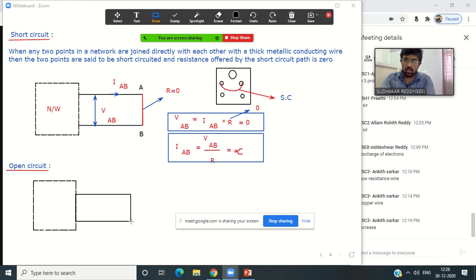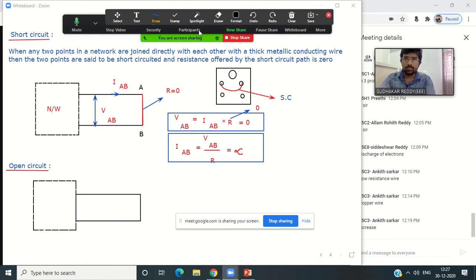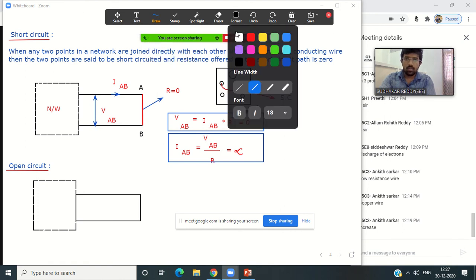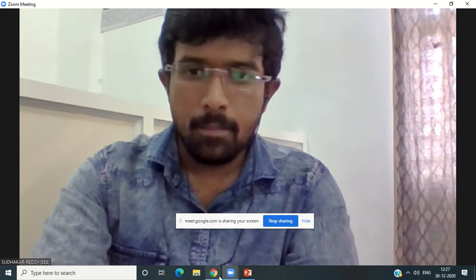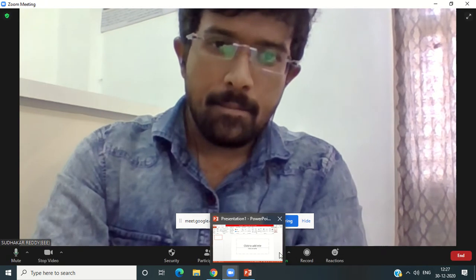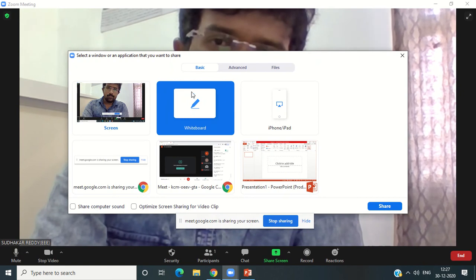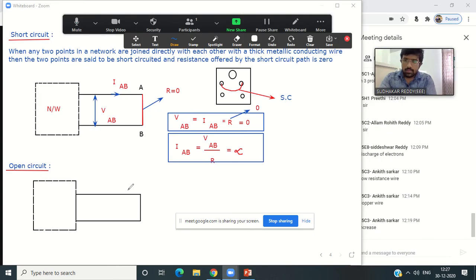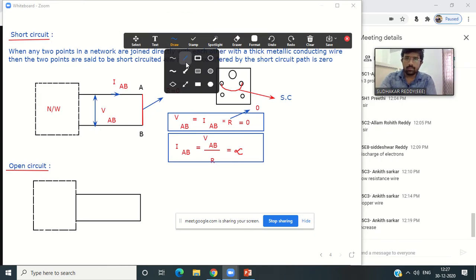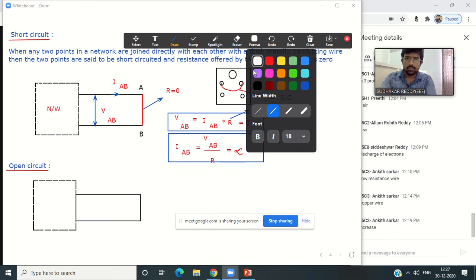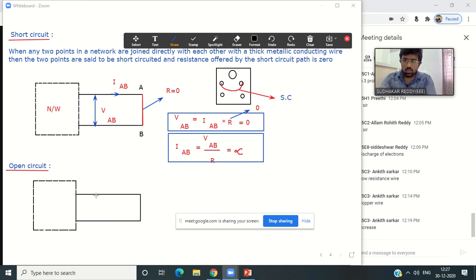Again, I will consider a network like this, same as earlier, with two terminals. This also has two terminals.